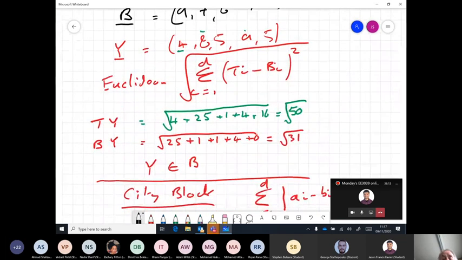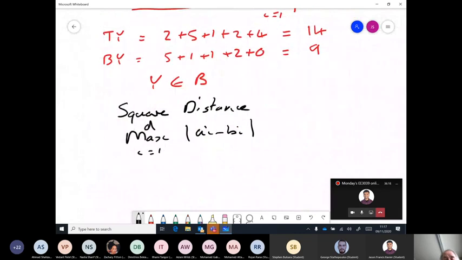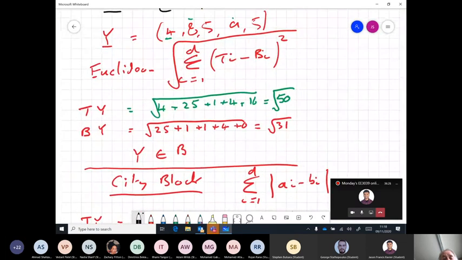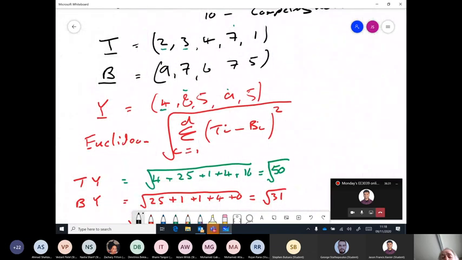So according to the square distance, TY equals 5. Now, going back to YB, 4 minus 9 is 5, 7 minus 8 is 1, 6 minus 5 is 1, 7 minus 9 is 2, and 5 minus 5 is 0.